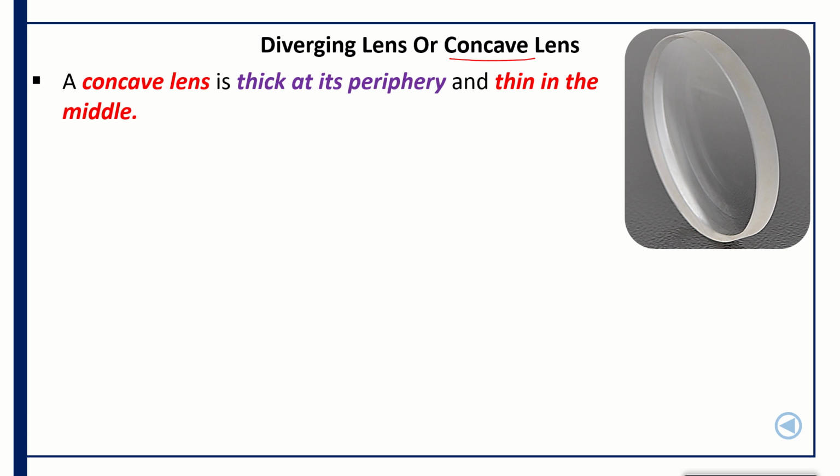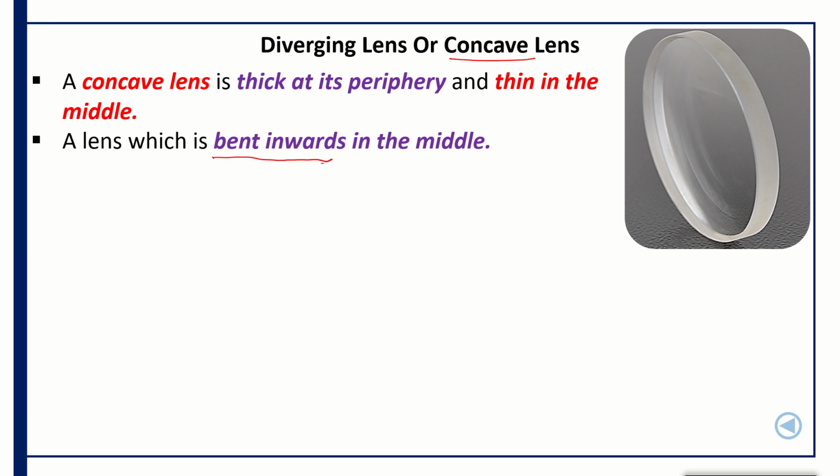So it is bent inwards in the middle. In convex lens we saw that it is bulged out at the middle, but here it is bent inwards, or it has a thin part or thin surface at the center.